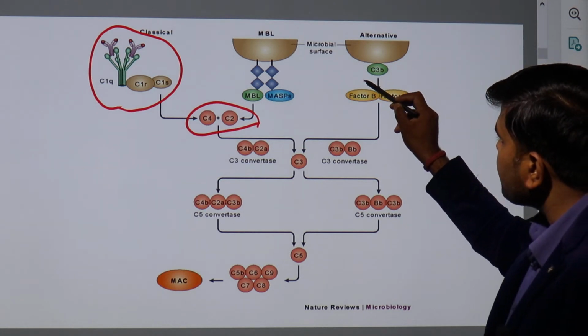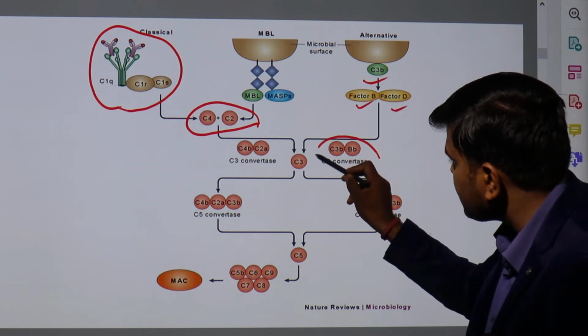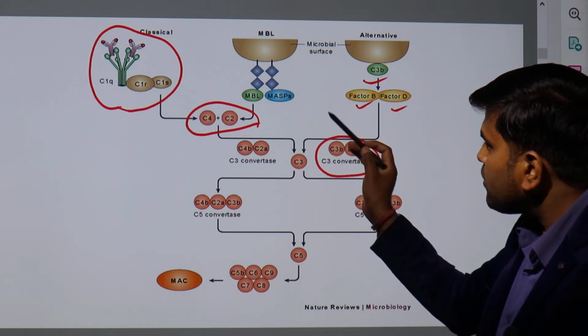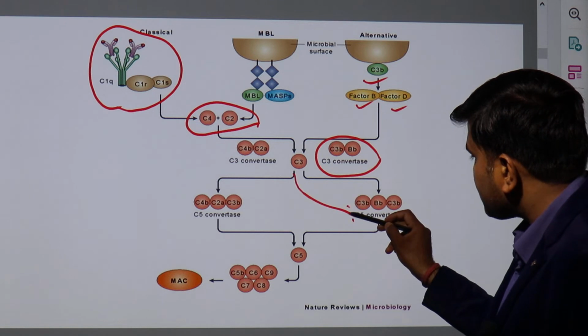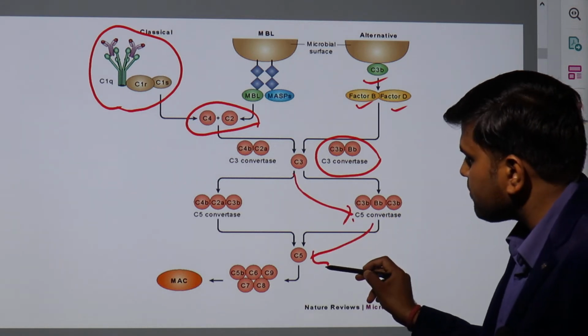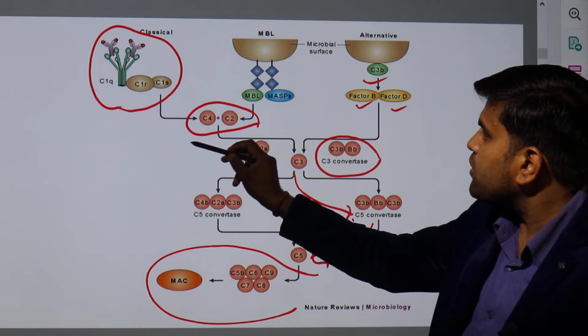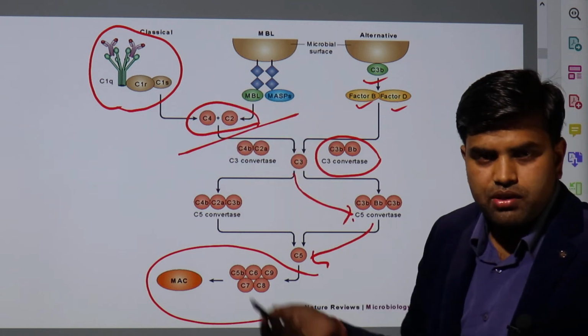The alternative pathway directly activates C3b protein, which in the presence of factor B and factor D forms a C3 convertase which is new, not similar to that of the classical or MBL pathway, and this will cleave this C3 and form the C5 convertase which will again cleave the C5 and form the membrane attack complex. So in the alternative pathway, there is no requirement of C4 or C2 as well. Also no requirement of C1.